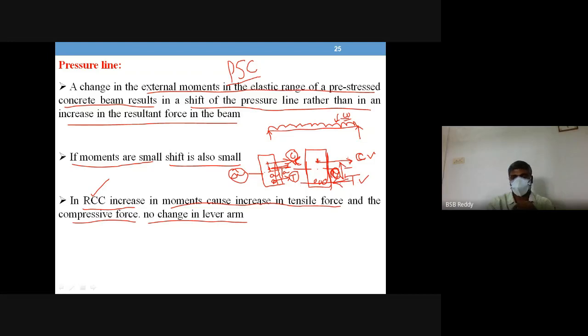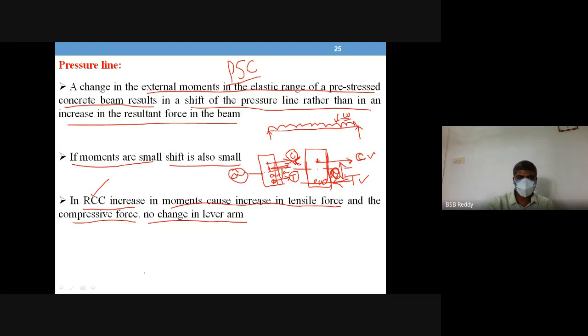Okay, so this is how the pre-stressed concrete member takes the loads. If you increase the load, the tensile force and compressive force are the same. Only the lever arm is changing.